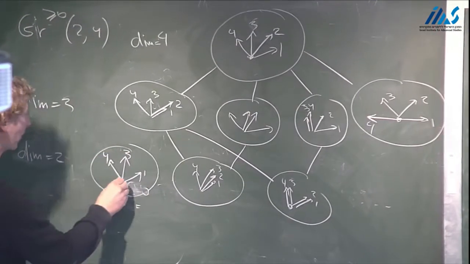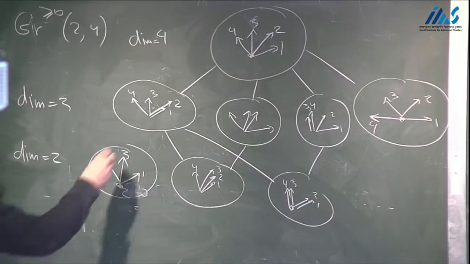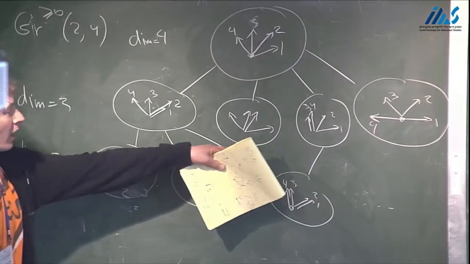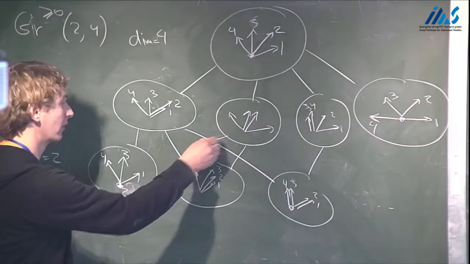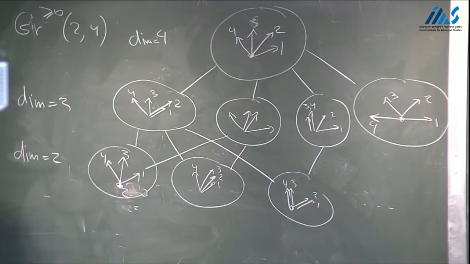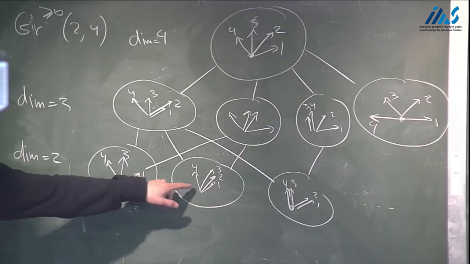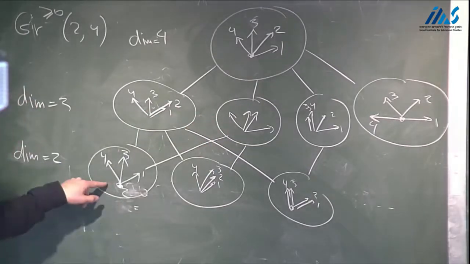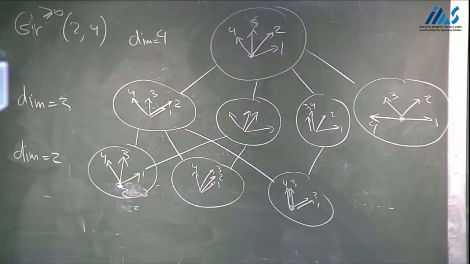So this cell, where 2 is 0, is in the closure of this one and in the closure of this one. This one is in the closure of these 2 cells, and also this one is in the closure of these 2 cells. And so on. There are more possibilities.